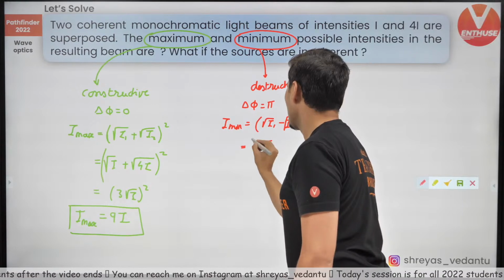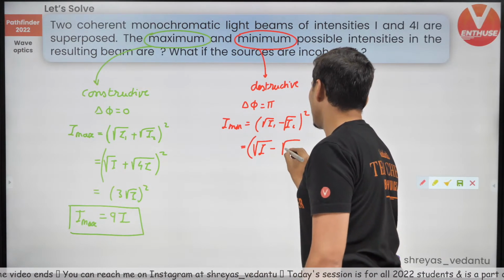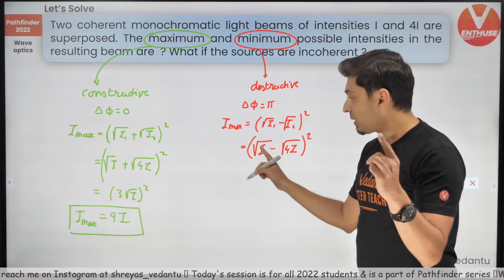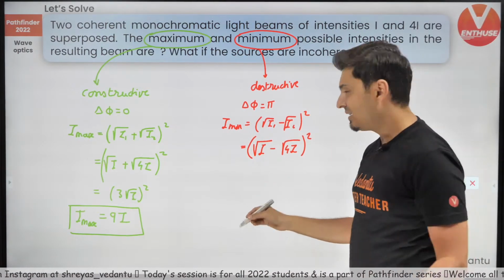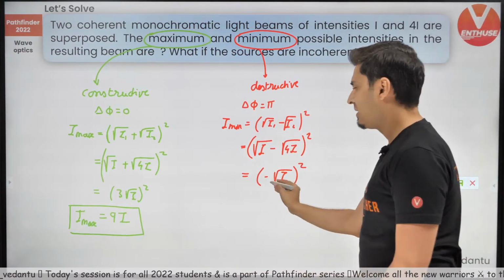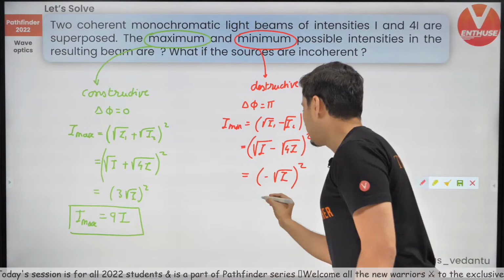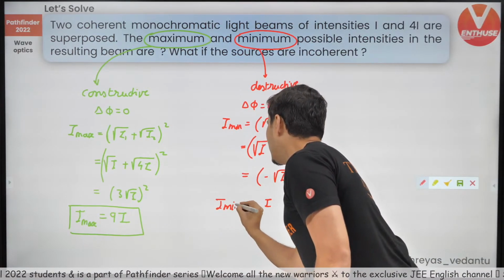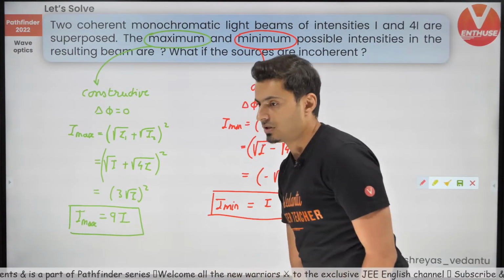So it will be root of I minus root of 4I whole square. Now root of 4 is 2. 1 minus 2 is minus 1. So anyways, minus root I whole square. Square of a negative number will make it positive, so it doesn't matter. So this will just become I. So this is nothing but the least intensity which is possible.